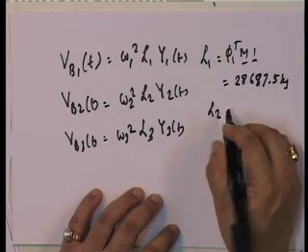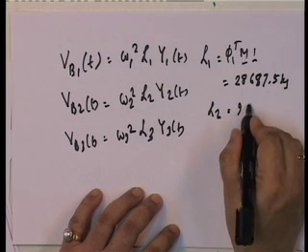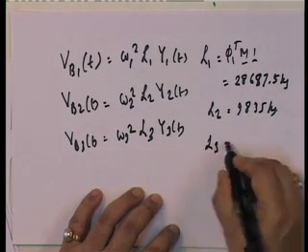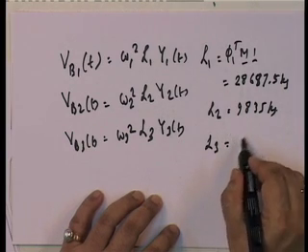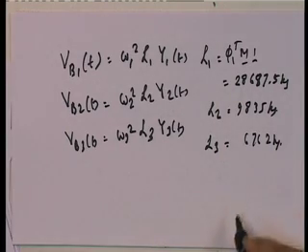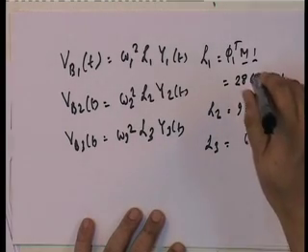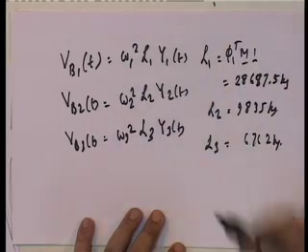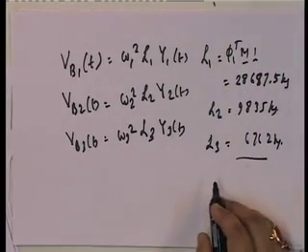L_2 is equal to 9835 kgs. L_3 is equal to 6762 kgs.